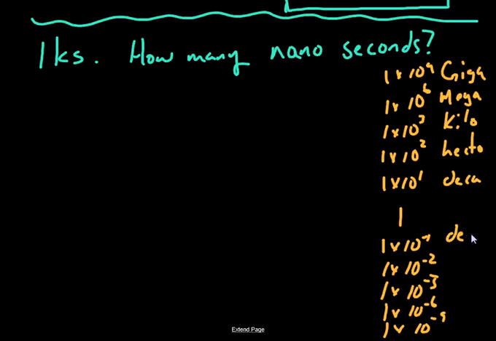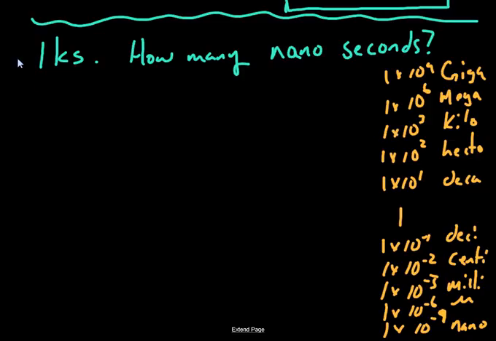So deci, centi, milli, micro, that mu symbol, and nano. So what I'm saying is, if I'm at the -9, how many nanoseconds would there be in a kilosecond?